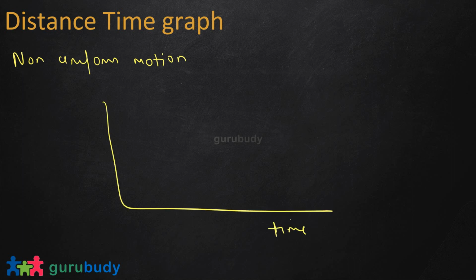So this is time and this is distance. It would be a curve. Okay, so these are the two things about the distance time graph. One is in uniform motion you have a straight line, and in a non-uniform motion you have a curved line in the distance time graph, and then the slope of the graph gives you the speed at that point.